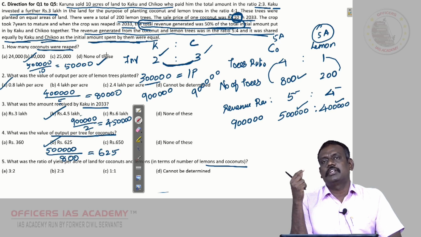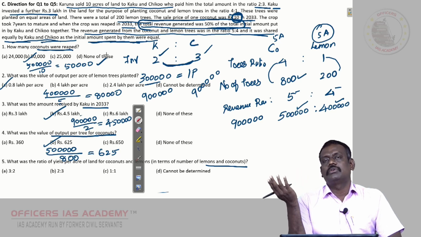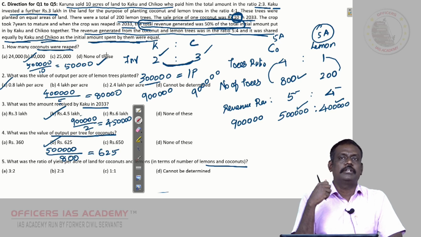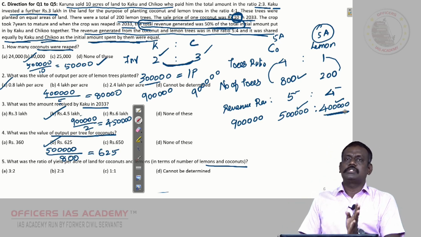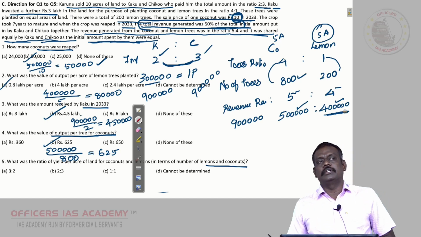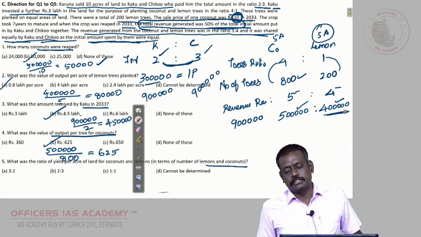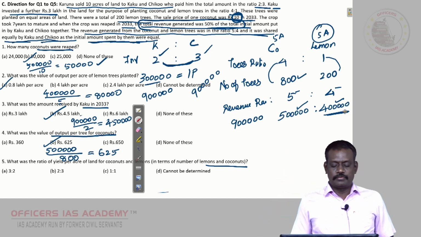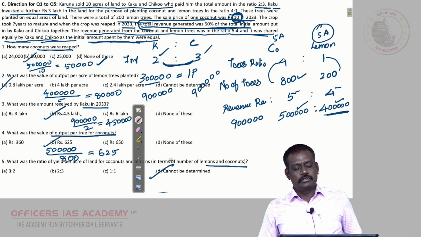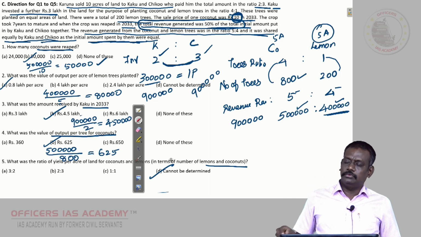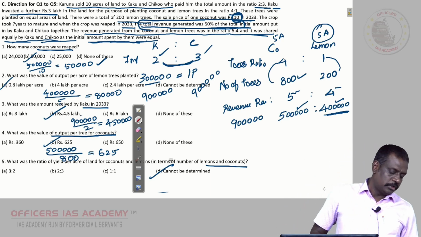If we knew the cost of one lemon, we could find the total number of lemons reaped. But we only know that they received 4 lakh rupees by selling the lemons, and we don't know the number of lemons, so the answer is cannot be determined. Okay, understood, children?